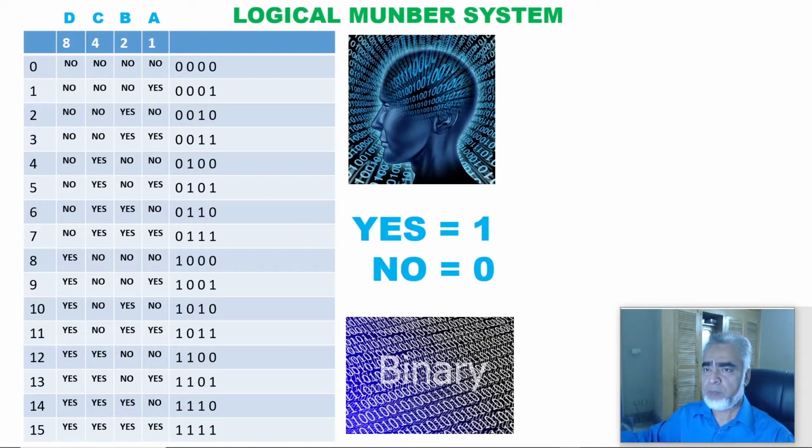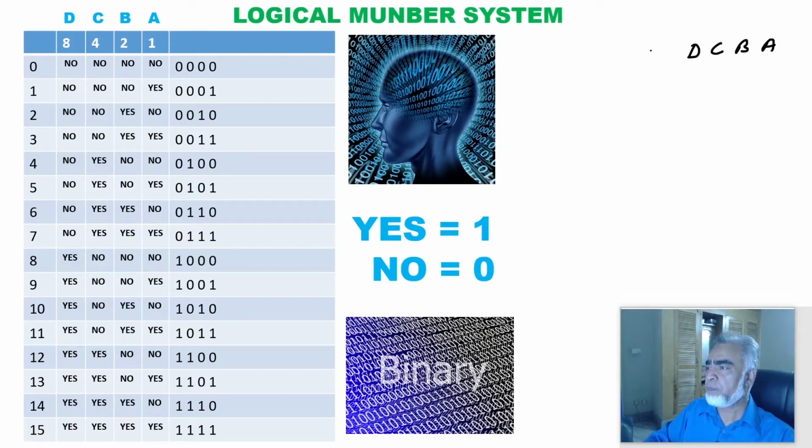To understand this concept, for example, we have 8 different variables, that is A, B, C, D, E, F, G and H, and the weightage of these variables will be 1 for A, then 2, 4, 8, 16, 32, 64 and 128.